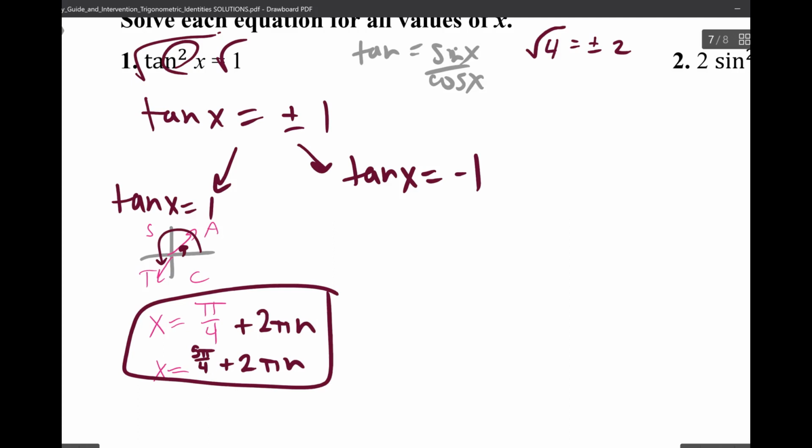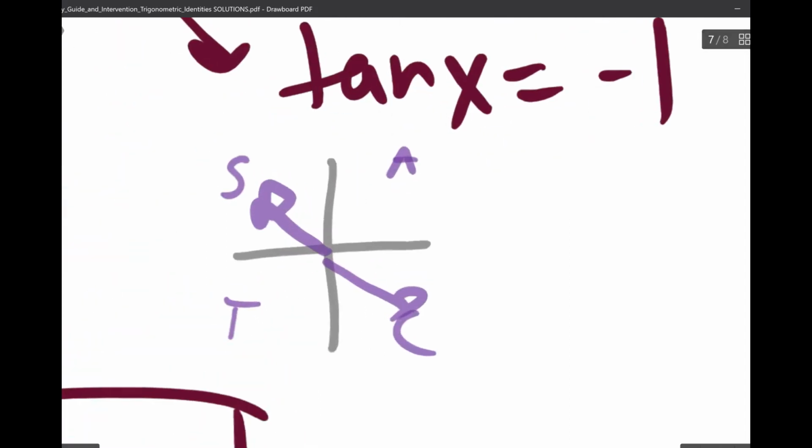So for my other one, for tangent of x equals negative 1, I'm thinking, where is tangent not positive? All students take calculus. So tangent is going to be negative in these two quadrants. This kind of makes sense because here I'm going to have a negative x but a positive y.